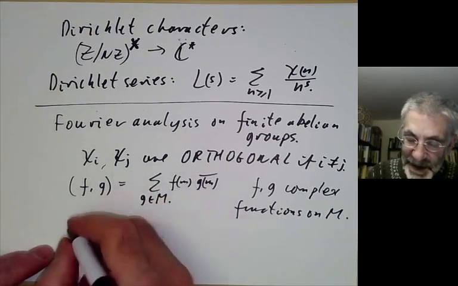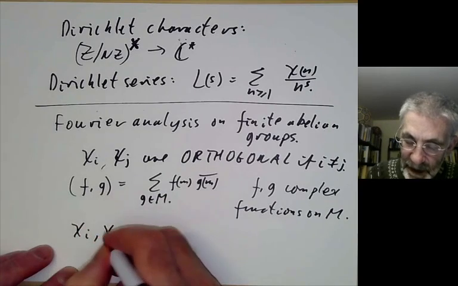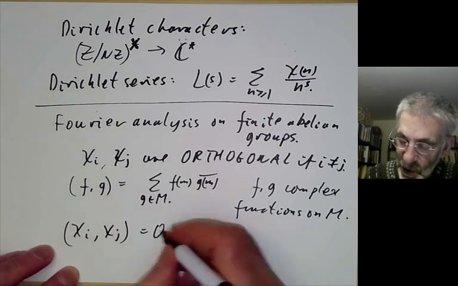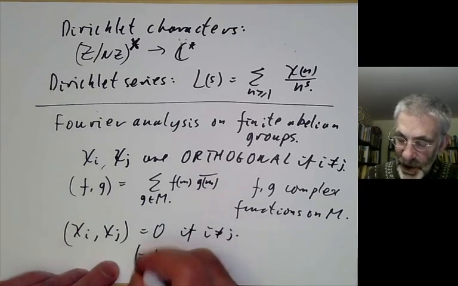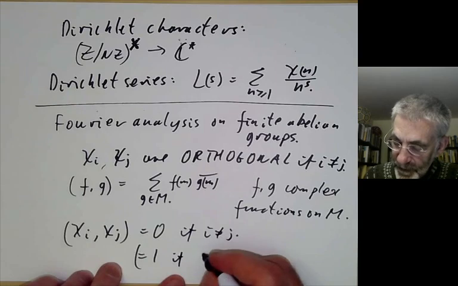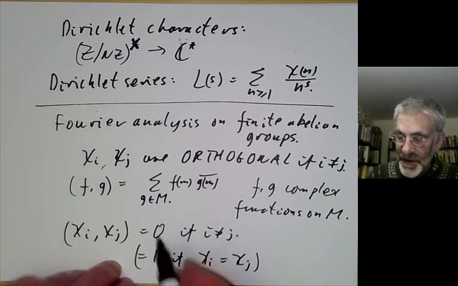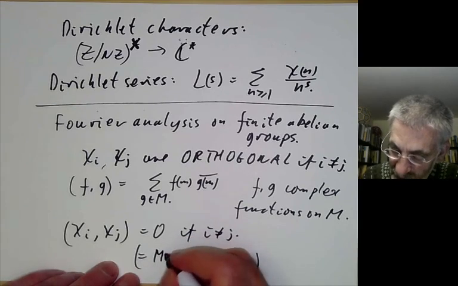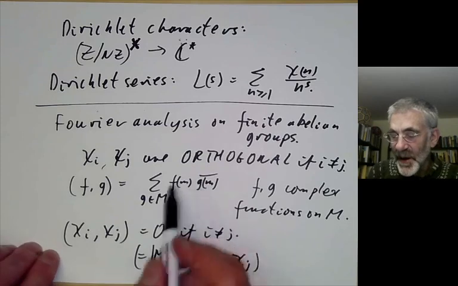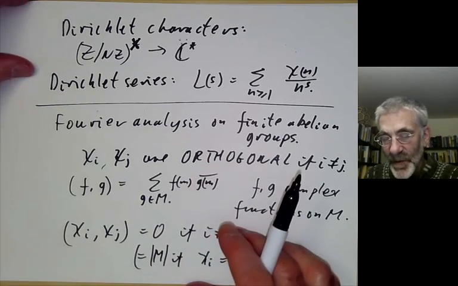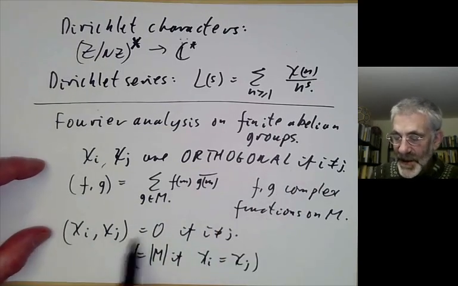And what this means is that the inner product of chi i and chi j is equal to 0 if i is not equal to j, and if chi i equals chi j, it's equal to the order of the group, because you're just summing the number 1 over the order of the group.